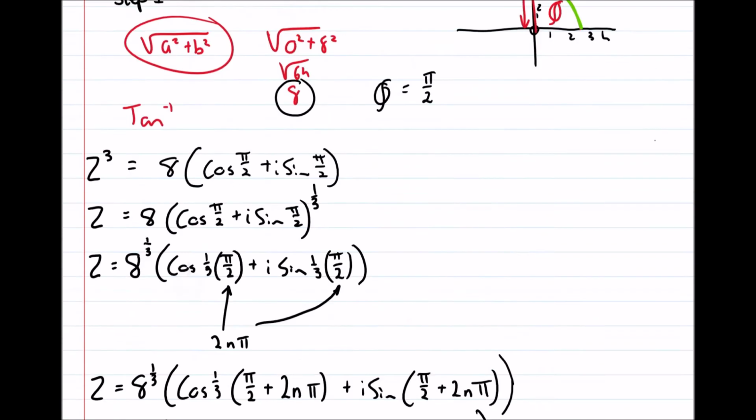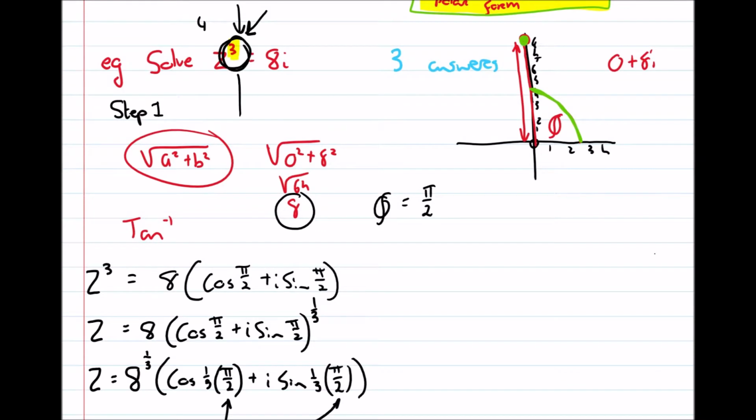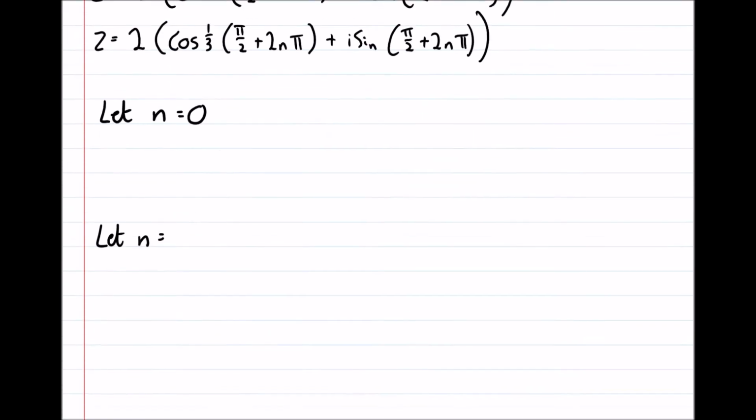And then I will let n equal 1, and then 2, and then 3, and then 4, all the way up to whatever number this is minus 1. So if that was 10, I would be letting n equal 0, and then 1, 2, 3, 4, 5, all the way up to 9.